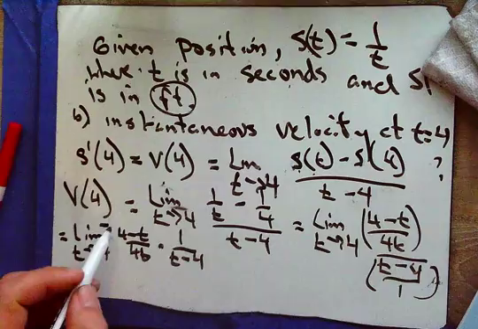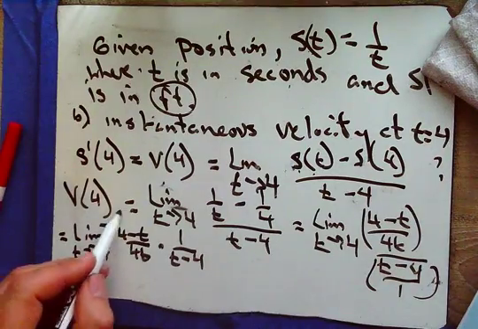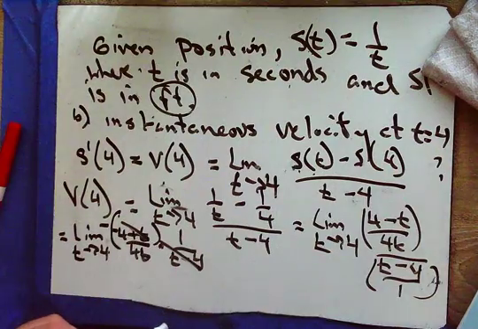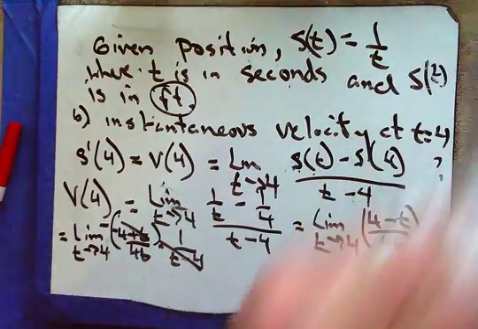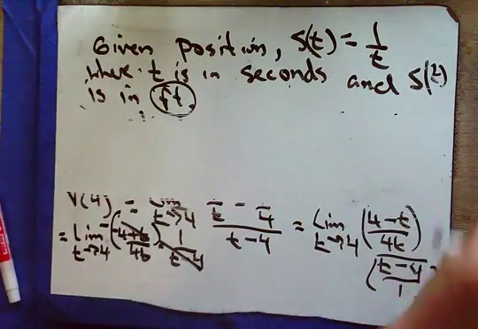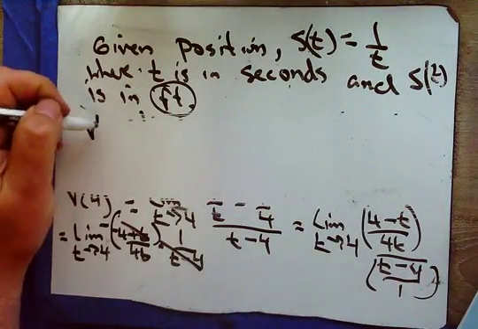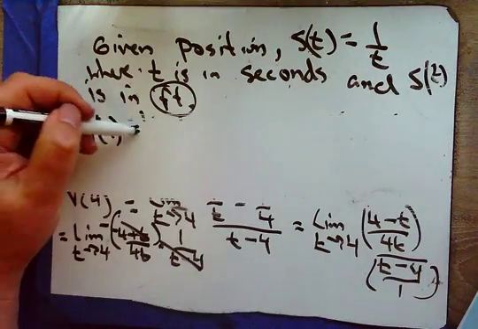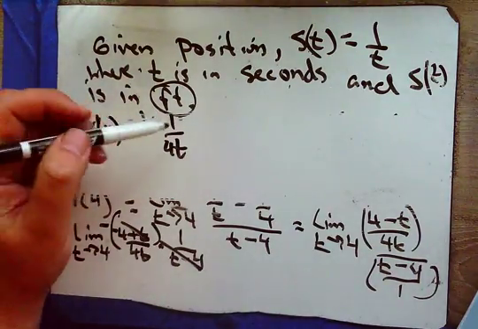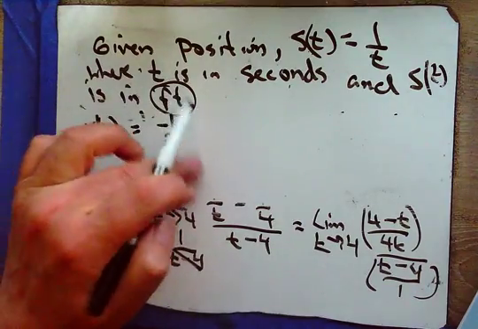So if I pull a negative out of the top, that's going to give me negative 4 plus t, and then I can cancel these. So, because I'm running out of space here, I'm going to erase a bunch of this stuff and say, I know that v of 4 is negative 1 over 4t. No, it isn't. It's negative 1 over 4.